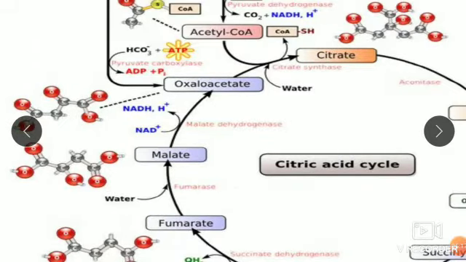In the next step, the malate ion undergoes a dehydrogenation reaction in the presence of the malate dehydrogenase enzyme, and one hydrogen atom from here and one hydrogen atom from the hydroxyl group of this carbon are removed in this process.